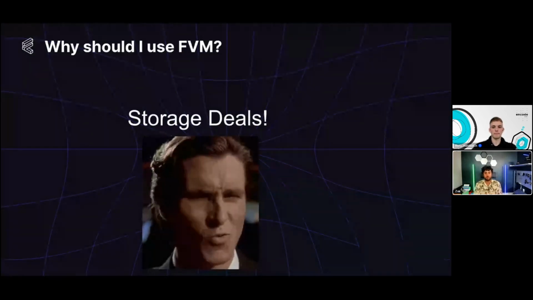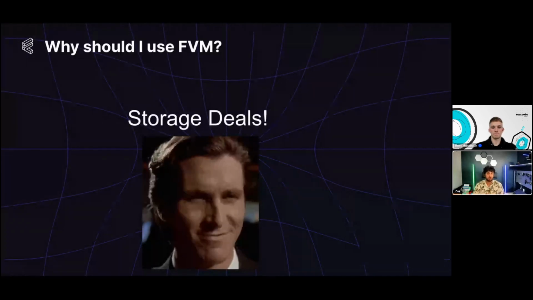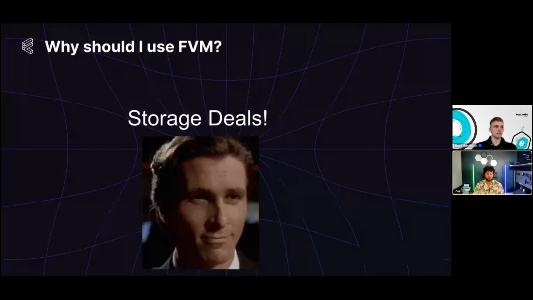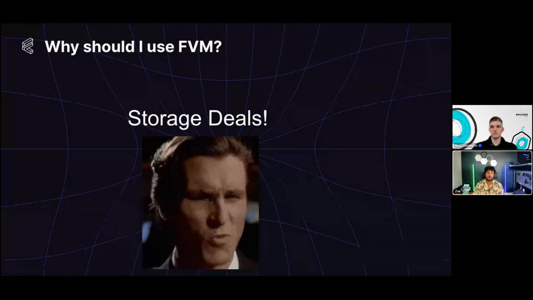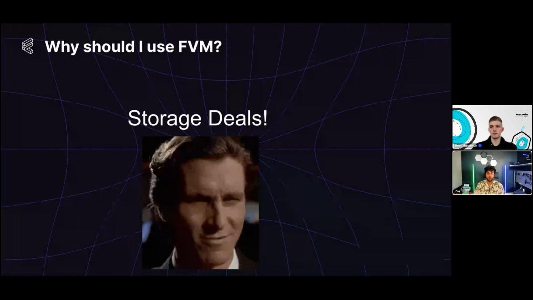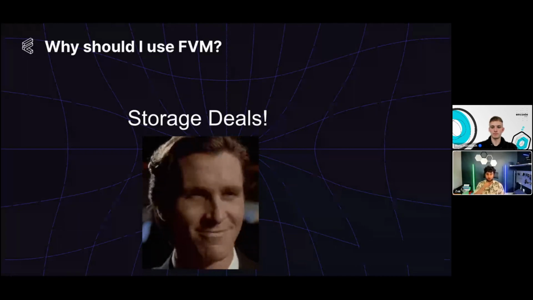If you go on Ethereum, it doesn't know anything about storage deals or off-chain data stored, right? And so you can build novel applications on the Filecoin virtual machine that you can't on any other current Web3 virtual machine.